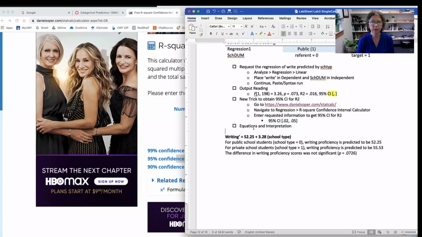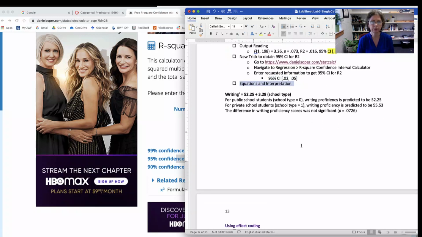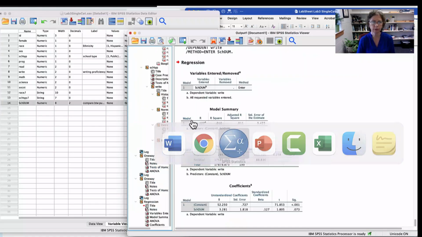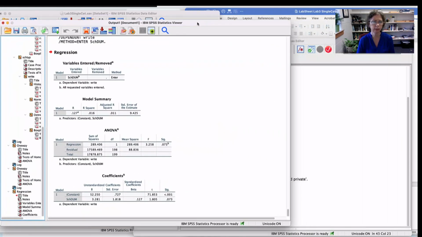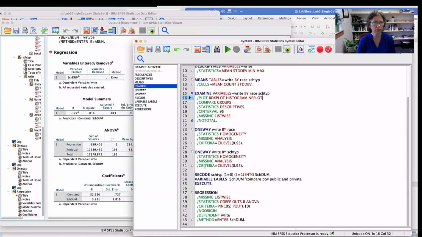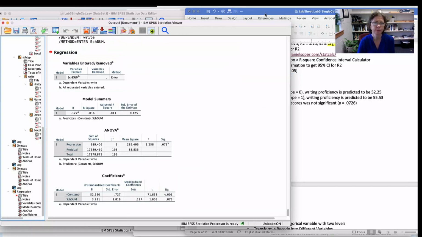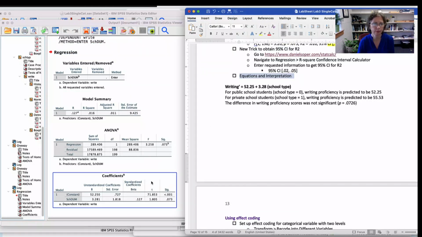All right, so our equations. Let me get the output where we can see it right there. There we go.